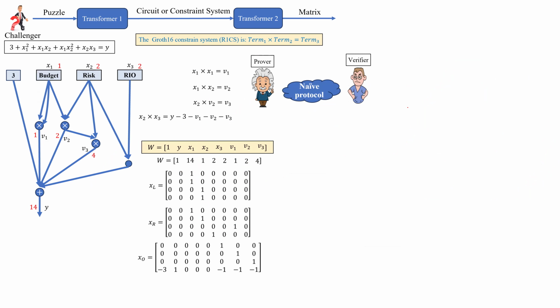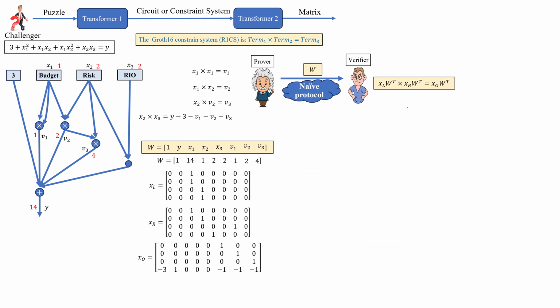The naive protocol says that if the prover sends the W, the witness vector, to the verifier, the verifier can check such a test. The transposed vector of W multiplied by XL, which is the matrix of left input, and then multiplied by the XR W transpose should be equal to XO, which is the matrix of output, multiplied by transpose of the witness vector.